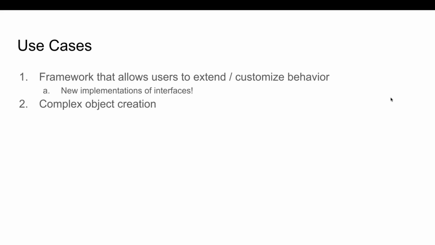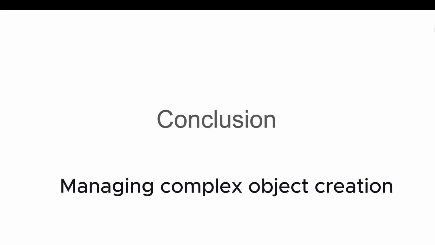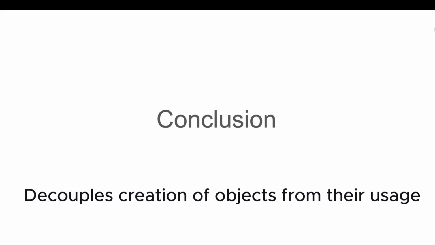Whenever we want to create complex objects that require multiple steps or configurations, we should be using the factory design pattern. In conclusion, the factory design pattern is a powerful tool for managing object creation and promotes flexibility and maintainability in software design. By decoupling the creation of objects from their usage, it enables developers to create more scalable and adaptable systems.